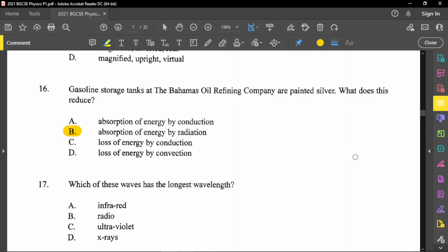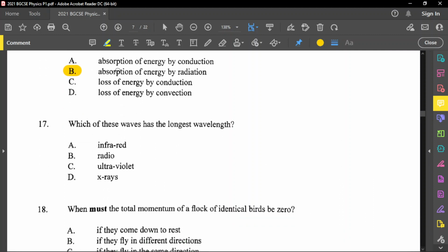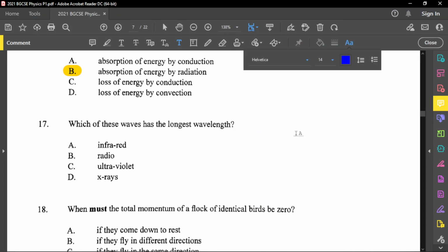For question number 17, it says which of these waves has the longest wavelength? Let me just remind you about a nice thing we did in the previous review. We give the electromagnetic waves as R, M, I, V, U, X, and G. And remember what you use to remember this is: radio my information.